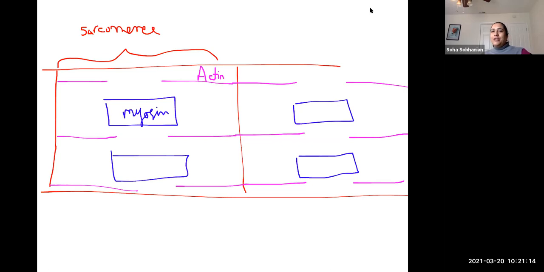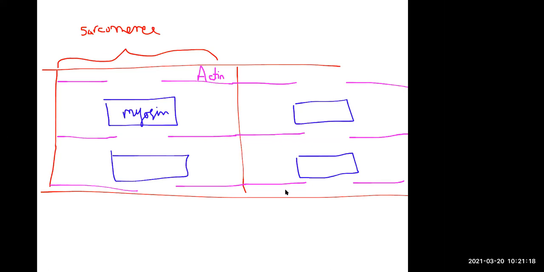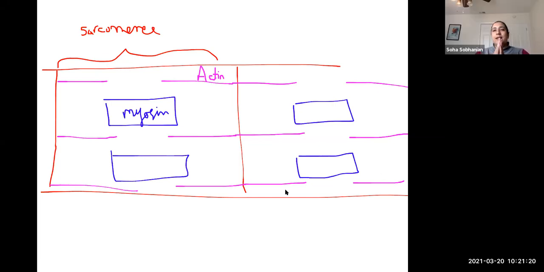What we're talking about right now is the changes happening at the muscle level. But as I mentioned earlier, the relationship between actin and myosin and the eventual contraction of the whole muscle does not take place until you have a response from your nervous system telling your muscle to contract in the first place.